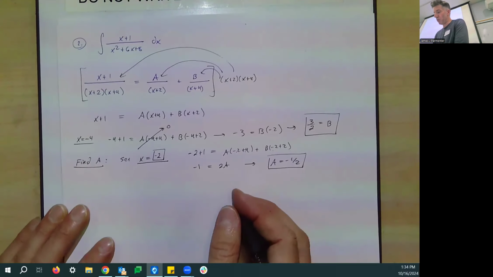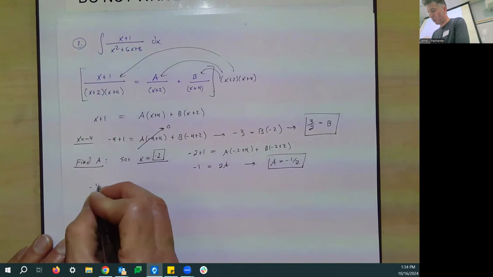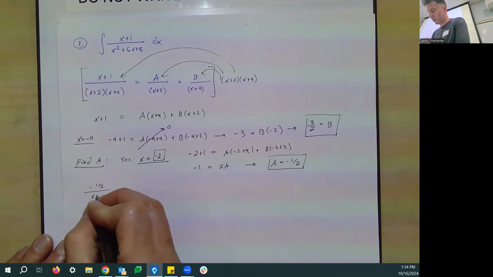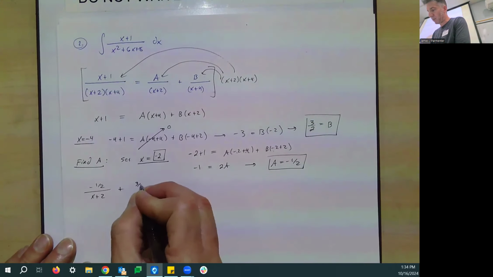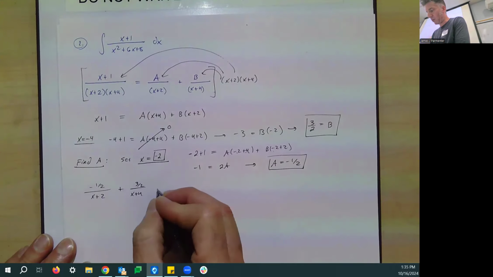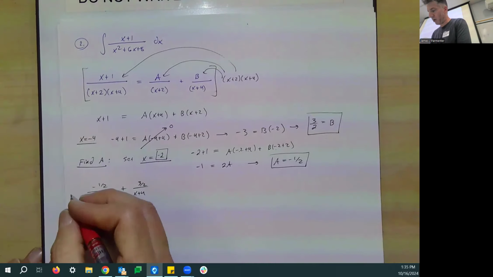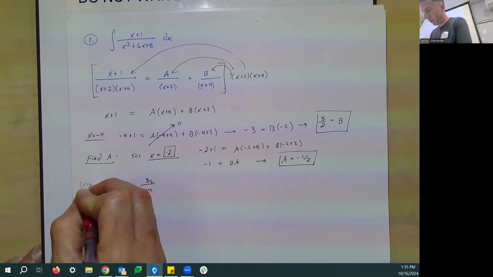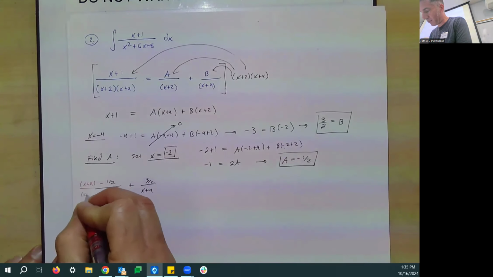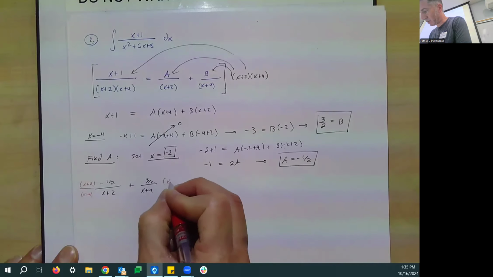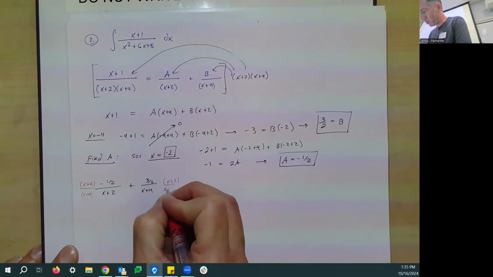Normally, you shouldn't do this. You don't have to check this, but if you want to check it, -1/2 over x plus 2 plus 3/2 over x plus 4. We're going to get a common denominator. I'm going to multiply this by x plus 4 over x plus 4, and this by x plus 2 over x plus 2.